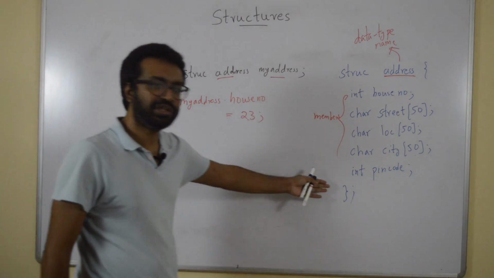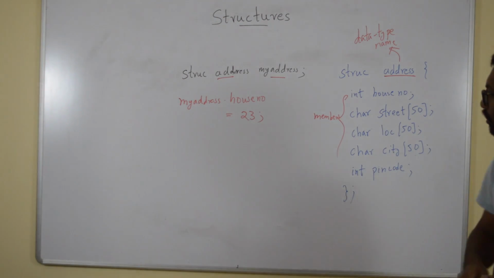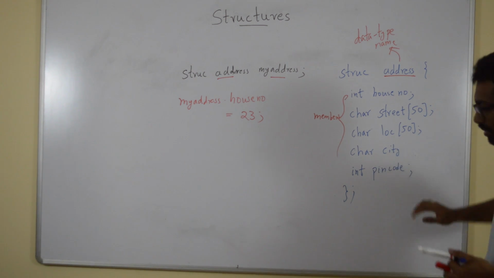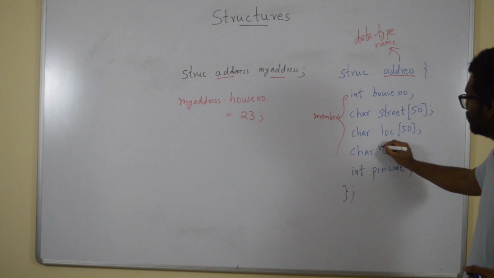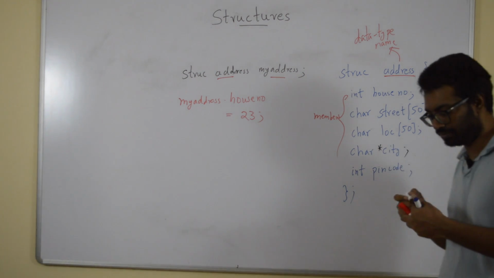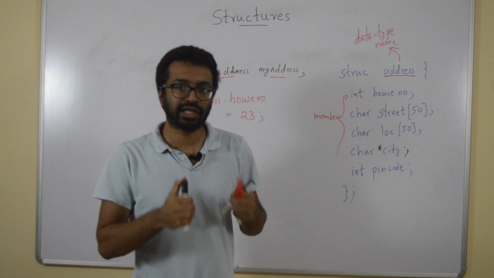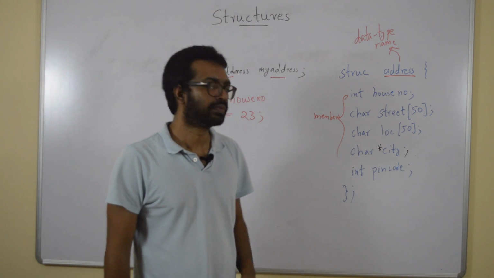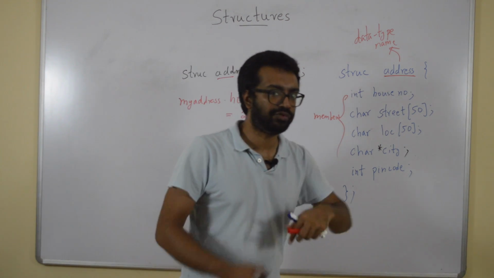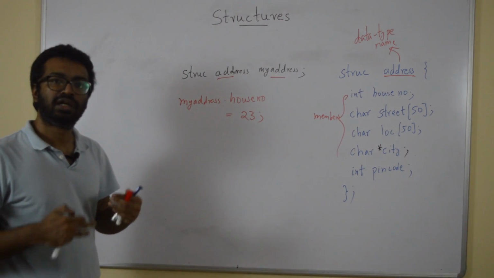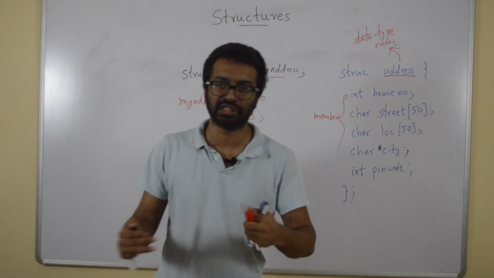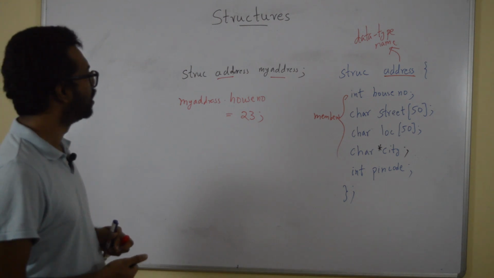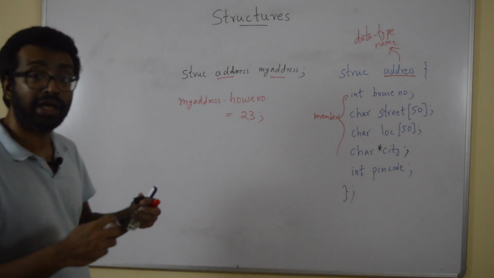I could have even had pointers here. Rather than an array, I could have given a pointer to a character. And then how do I use it? I will have to allocate memory for that and then use that memory to store the city name. It's clear, right? So how do I allocate memory there?